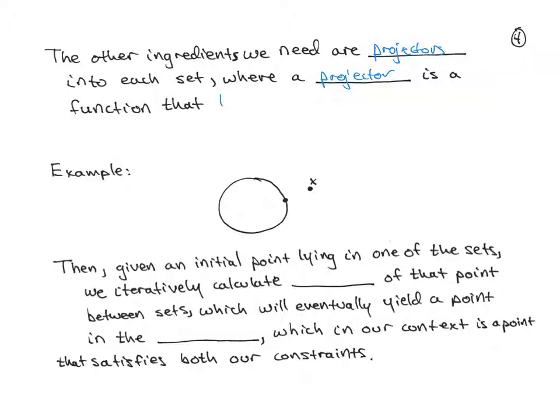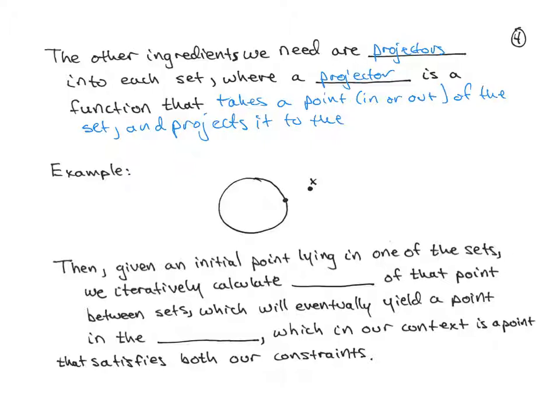So this is a function that takes a point that can be inside or outside that set and projects it to the point that is closest but in the set, in a Euclidean sense.